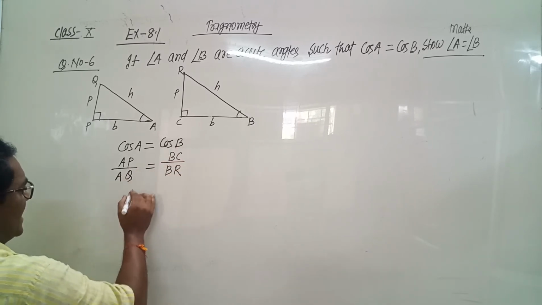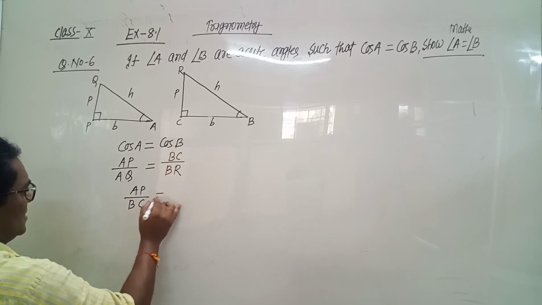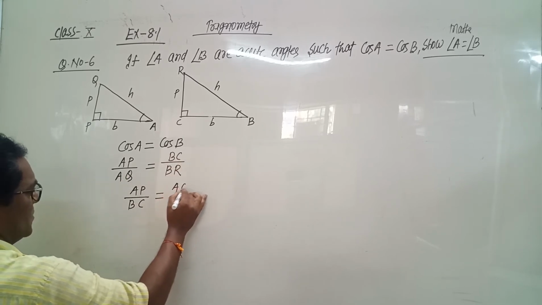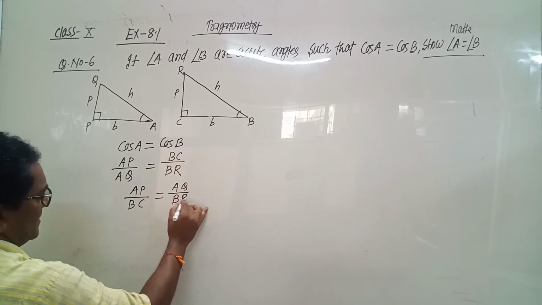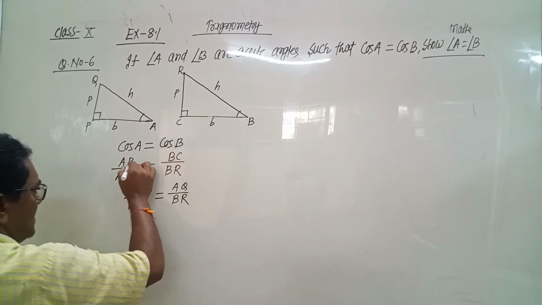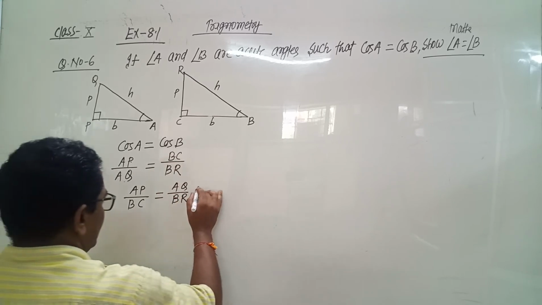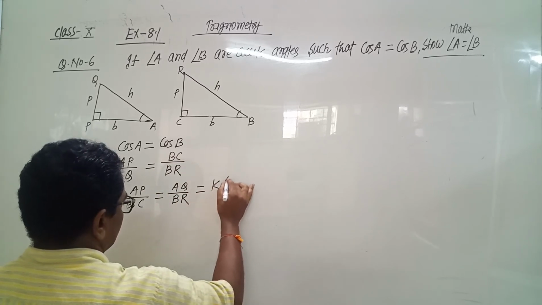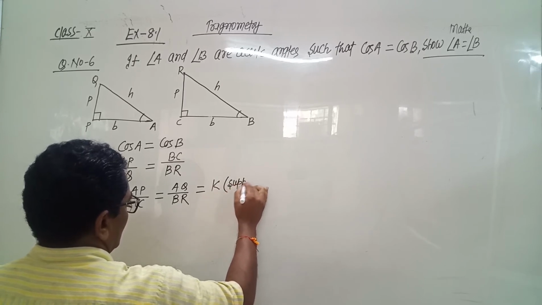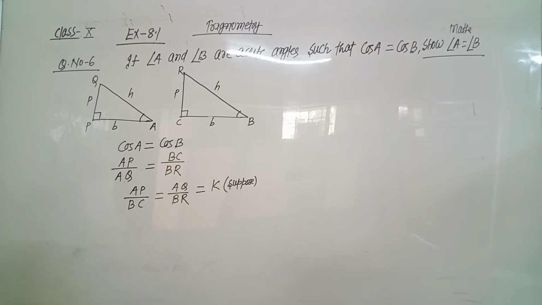We transpose, we can write AP upon BC equals AQ upon BR. We shifted BC here and AQ here.